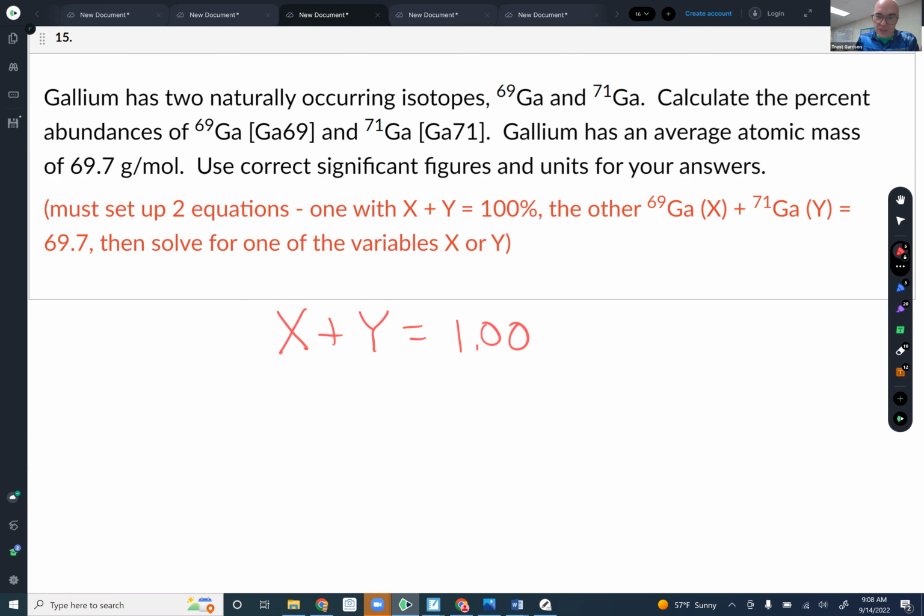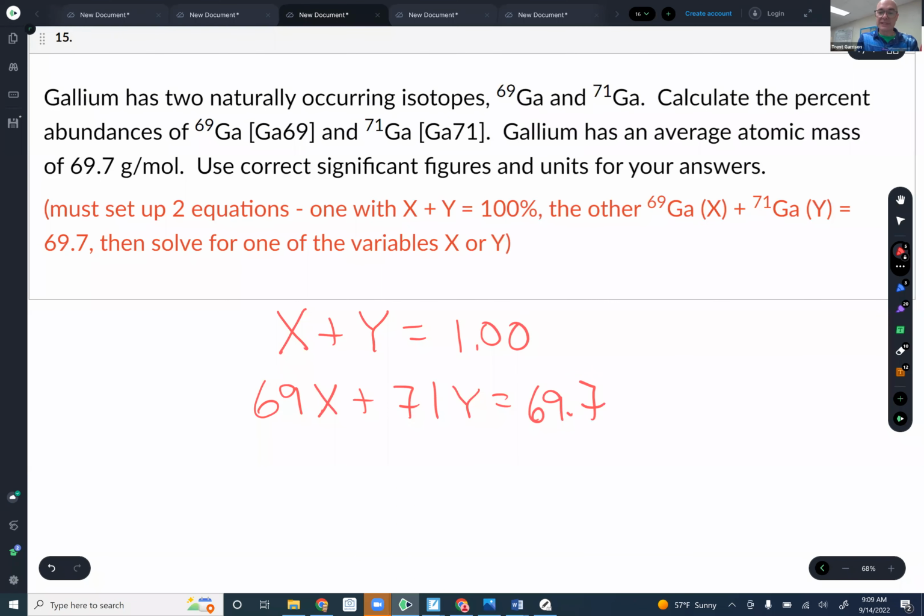Then on our second equation, 69 is the mass number for one of the galliums, and 71 times the same percentage we're looking for, plus 71 times the other percentage, is equal to 69.7.